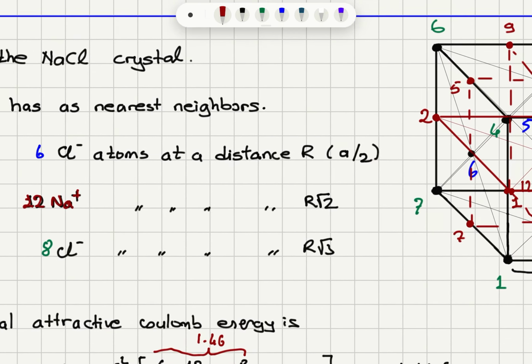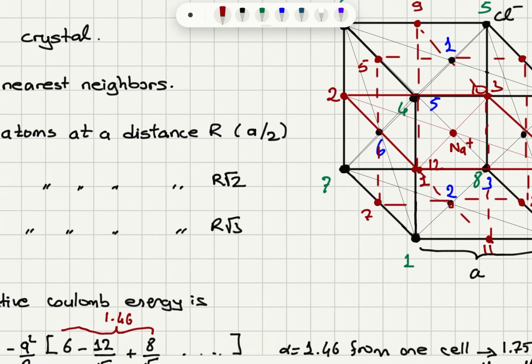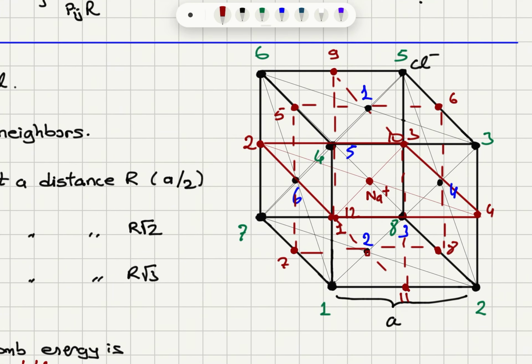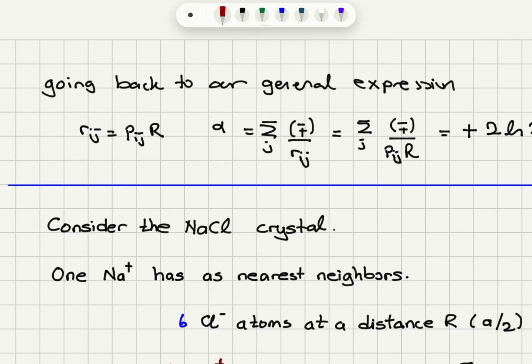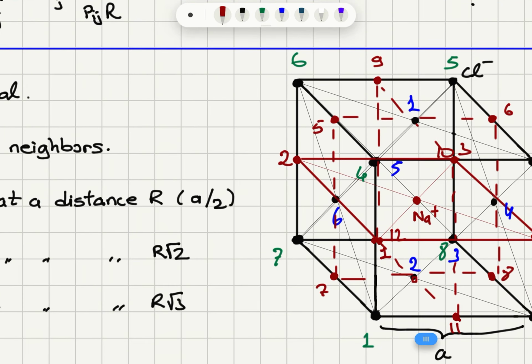And then for the first nearest neighbor, second nearest neighbor, third nearest neighbor, I have 8 chlorine minus ions. Those are the chlorine minus ions at the corners of this cube. So there are 8 corners, so we have 8 chlorine minus. And those are at a distance a root 3 over 2. So they are at a distance capital R square root 3.